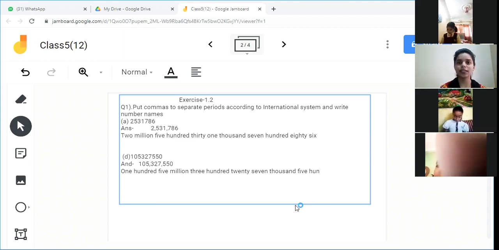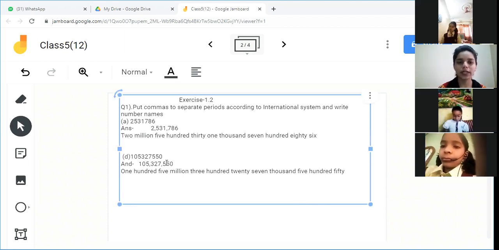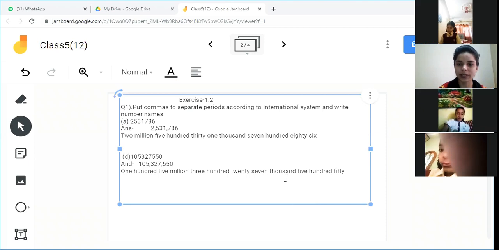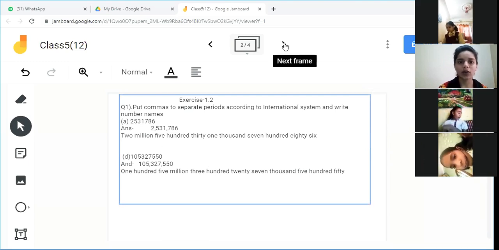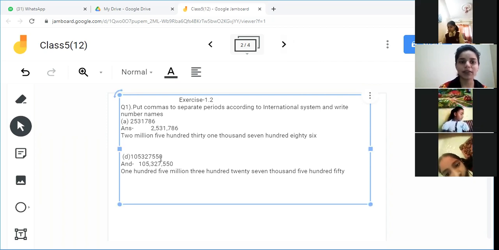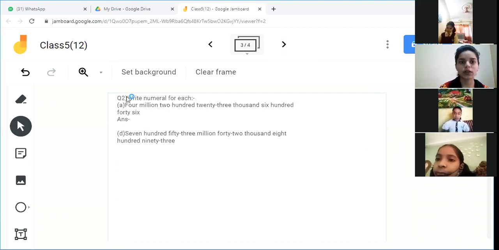Okay, understood this thing, children? How are we reading this? Unit, tens, hundred, thousands, 10,000, 100,000, million, 10 million, 100 million. So this is 105 million, 327,000 and 550. So in this way you can read according to the place value chart. Okay. Now we are proceeding. B and C will be homework, and the questions which I am not doing on the board will be homework. Now let's proceed to question number 2.